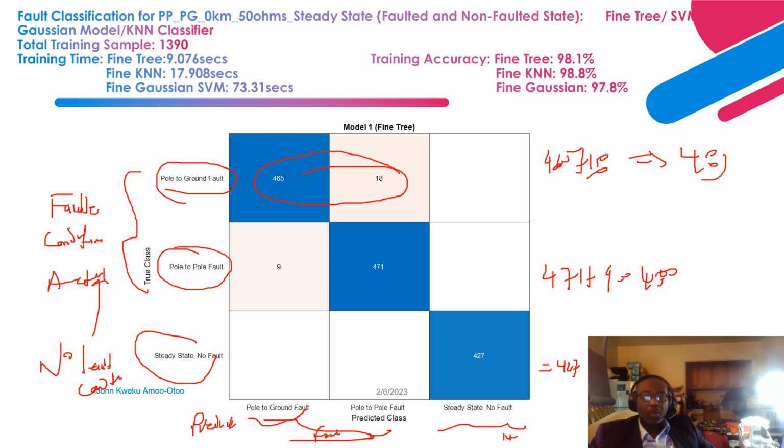So for pole to ground fault, out of 483 data points, 465 were predicted correctly as pole to ground fault, and 18 out of 483 were predicted wrongly.